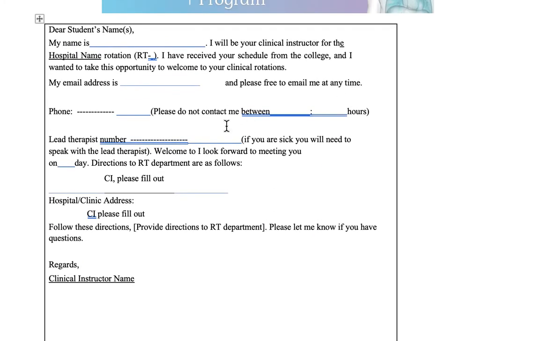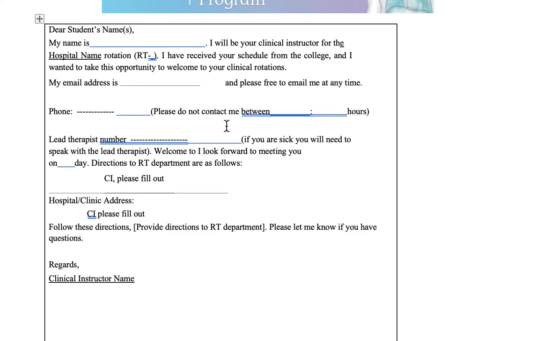Basically, what we need is the following. We need parking information. We need where the department is. We also need the phone number for the lead therapist, because if the student is not well, they should not leave a voice message and instead talk to the lead therapist.